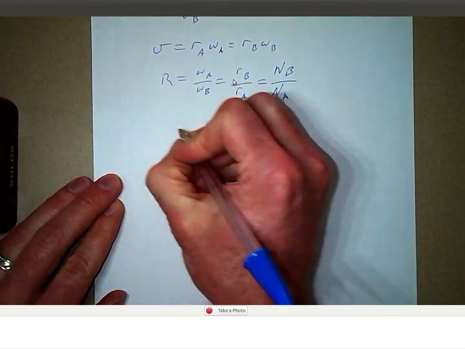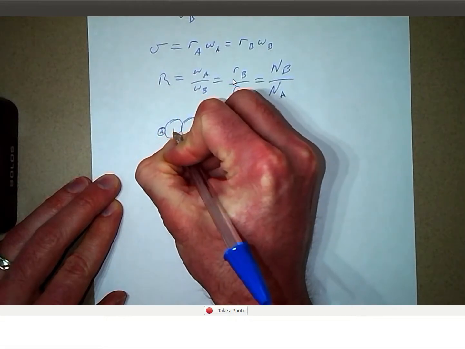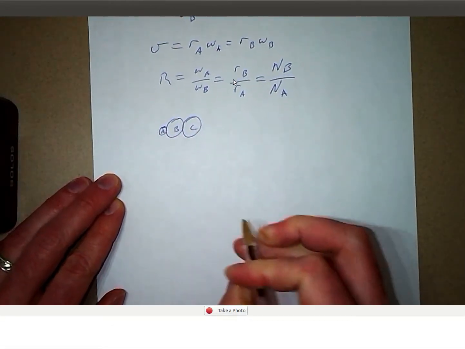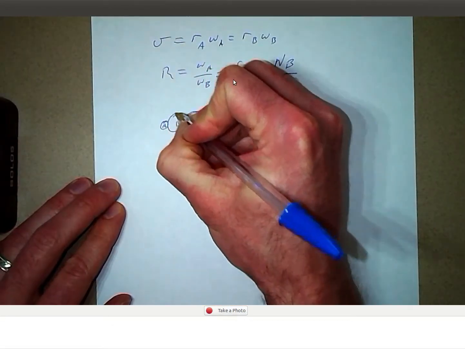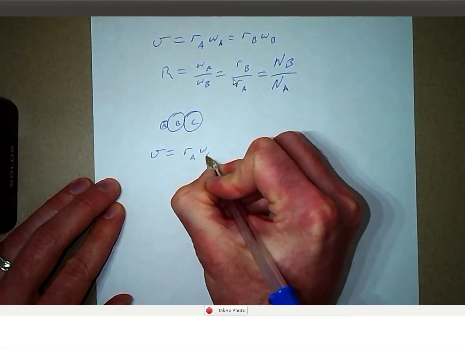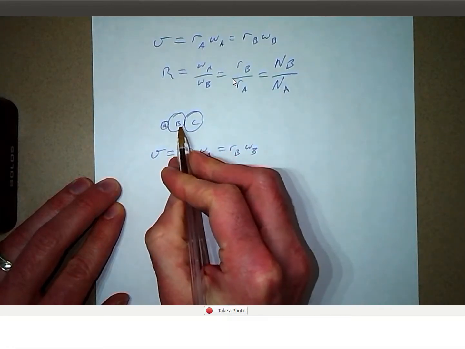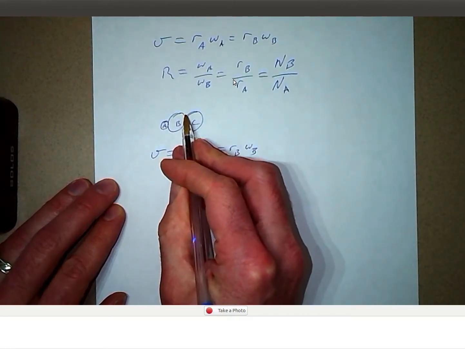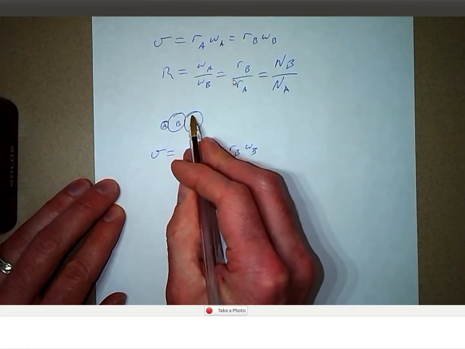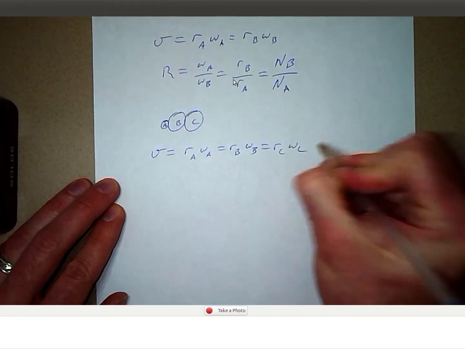So in that case we have A, B, and C. And again, the velocity RA omega A is equal to RB omega B. And the linear speed of B at the pitch radius is equal to the speed of C, so that's equal to RC omega C.